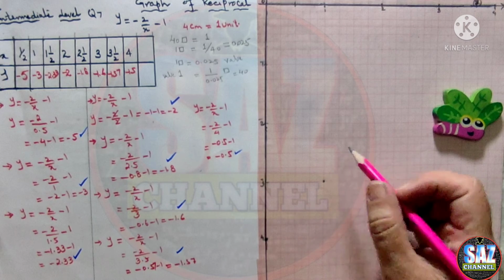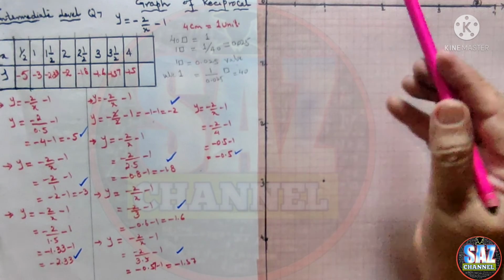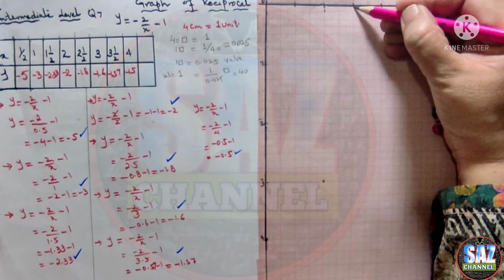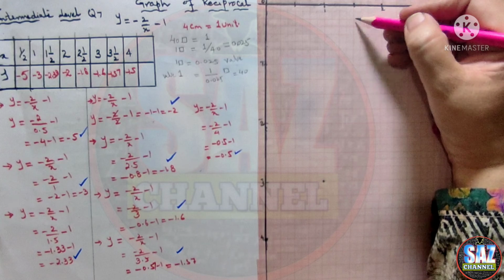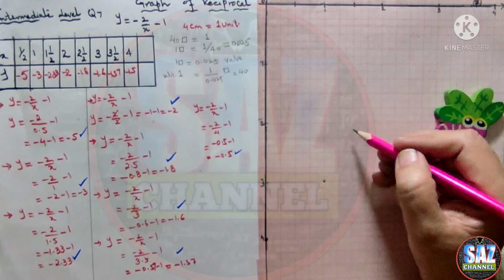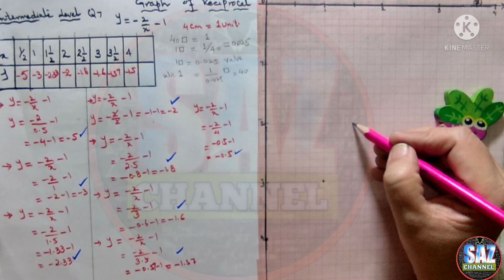And then at 1.5, this is the position of 1.5. The value of y is minus 2.33. It's easy to locate 2 at this place.